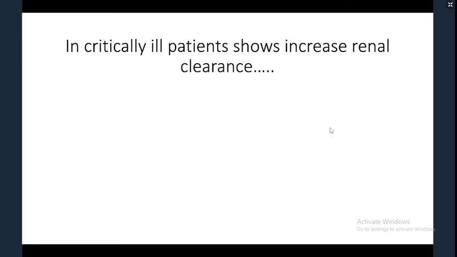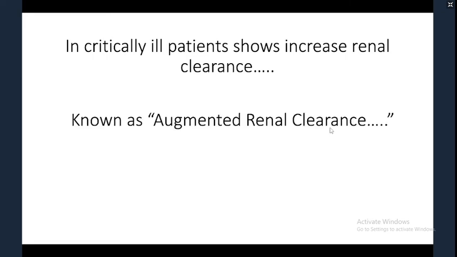Therefore, even in patients with marginal or compromised renal function, because of altered body fluid compartments and physiology, it is always better to give normal doses and fill the body fluid compartments rather than cutting down the antibiotics at presentation. You can reduce the antibiotic doses later once the patient has recovered from sepsis. So this augmented renal clearance will enhance renal clearance.